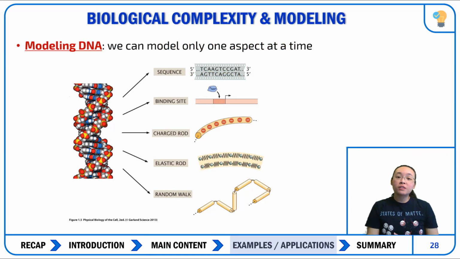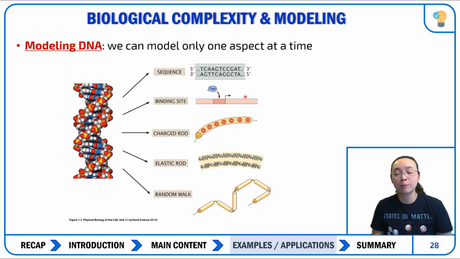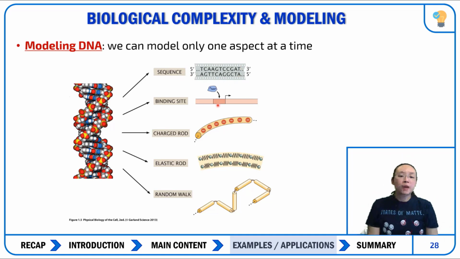The next few slides are basically just going to go through different ways of modeling different macromolecules. We have DNA here, and we can only model one aspect at a time. For example, we can model it as a sequence. This is something you're probably familiar with if you've taken molecular bio. You also have binding sites, so you can model it through that.